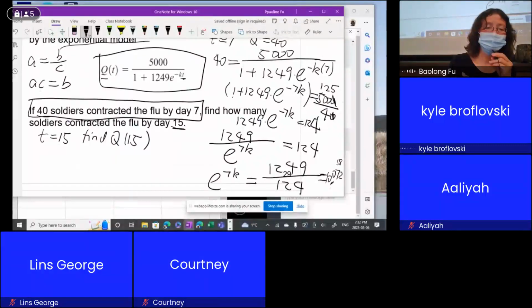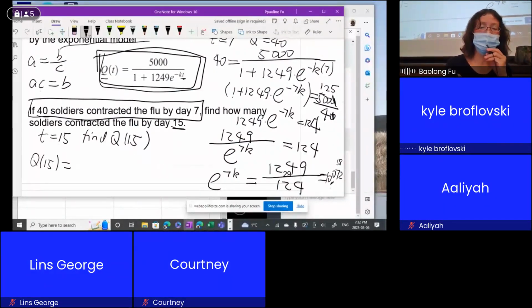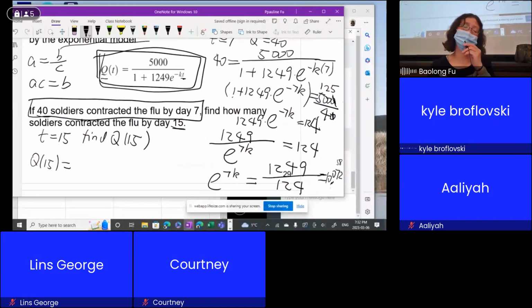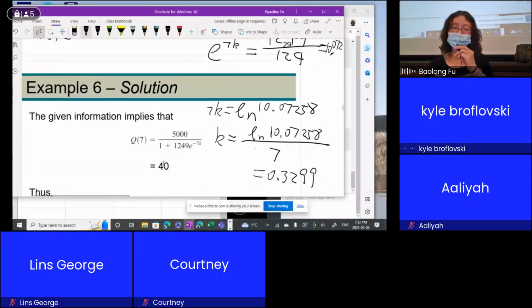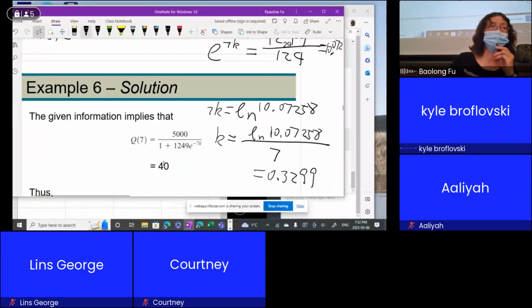Okay, so for Q15, you just plug in the formula. Q15 equals, plug in t equal to 15, and we already solved for k equal to 0.3299.